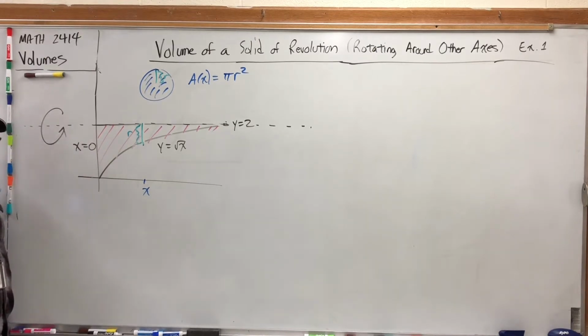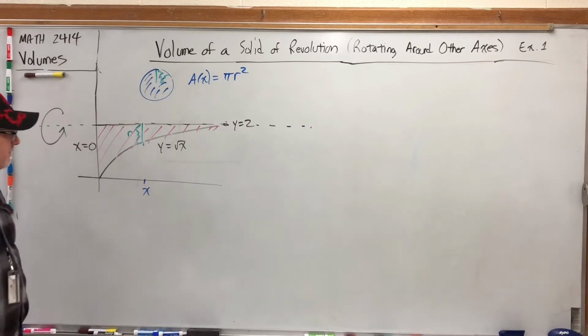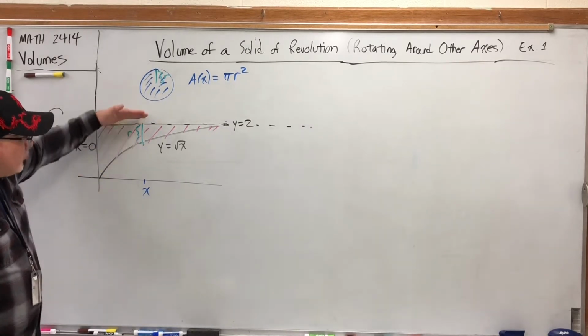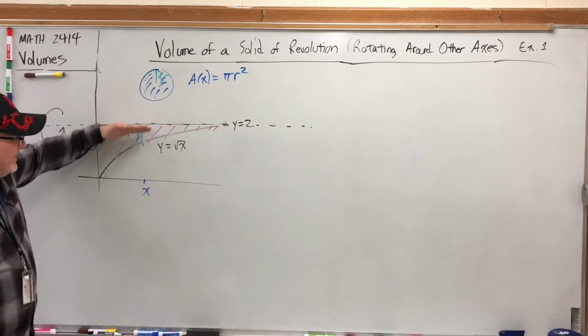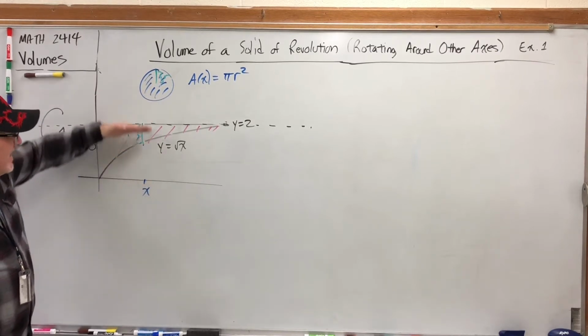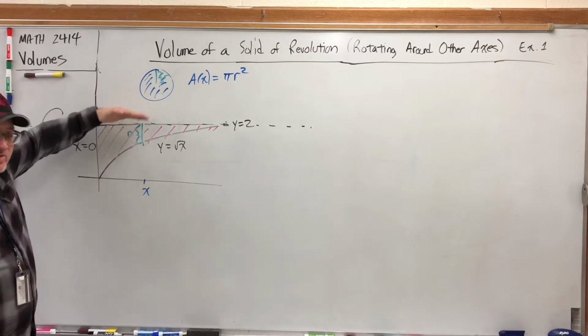So what do we do? The answer is we embed it in something that does represent a distance from the x or the y-axis. Since this r is representing a vertical displacement, we need to embed it in something that represents a vertical displacement from the x-axis.